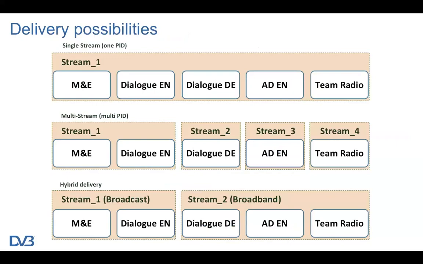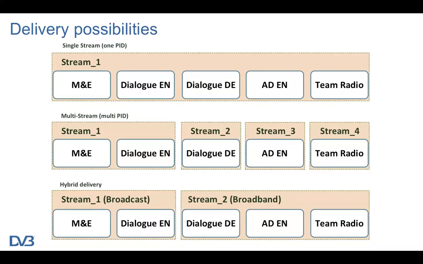So the top one shows a broadcast bit stream, and inside that bit stream are all those components that we've explored already. Underneath, though, we've got a multi-PID bit stream. So if you're looking to link the capacity that you've got available on your broadcast platforms in a new way to be more efficient or to add extra possibilities, then you can link to other streams across the multiplex using multiple PIDs.